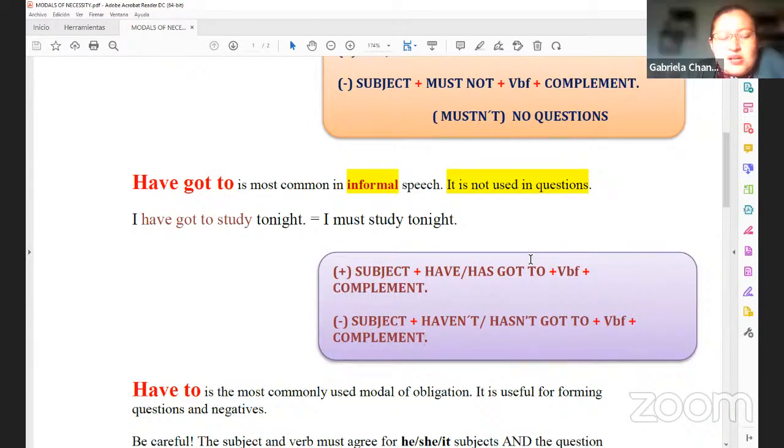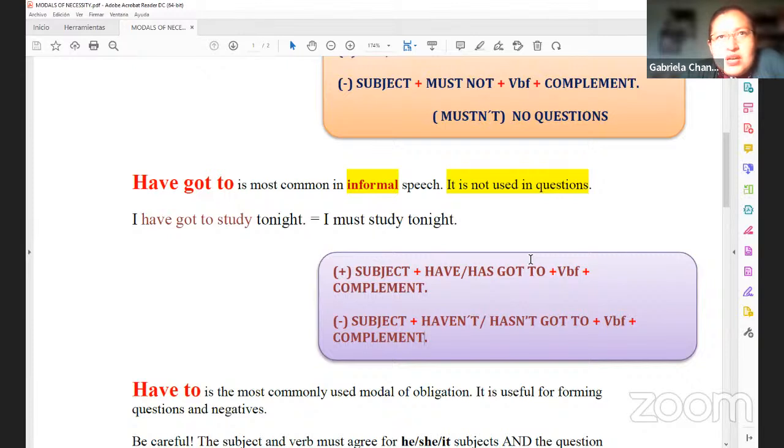Something negative? I haven't got to cook every day in my house.